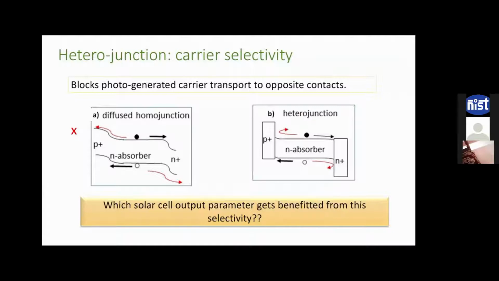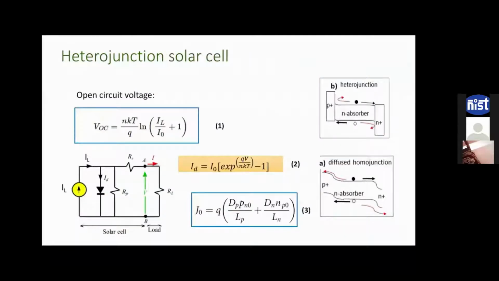So interestingly, it is the open circuit voltage of your solar cell. So if you have a heterojunction solar cell, and given that all other losses are constant, in a heterojunction technology, you have the promise of getting a very high open circuit voltage compared to a homojunction technology.